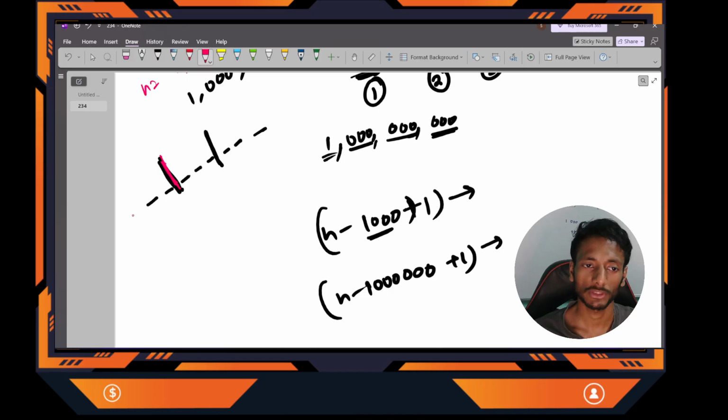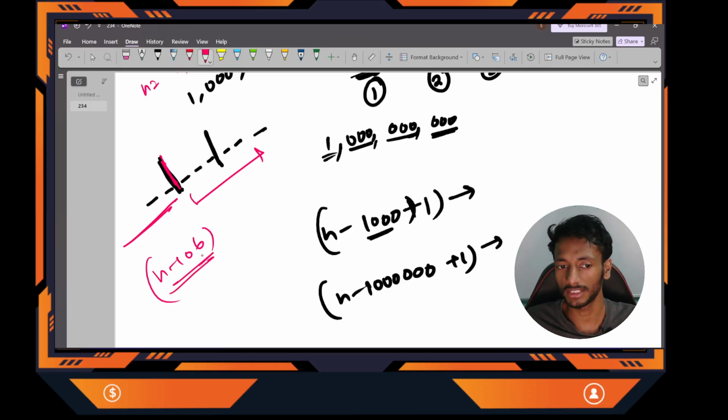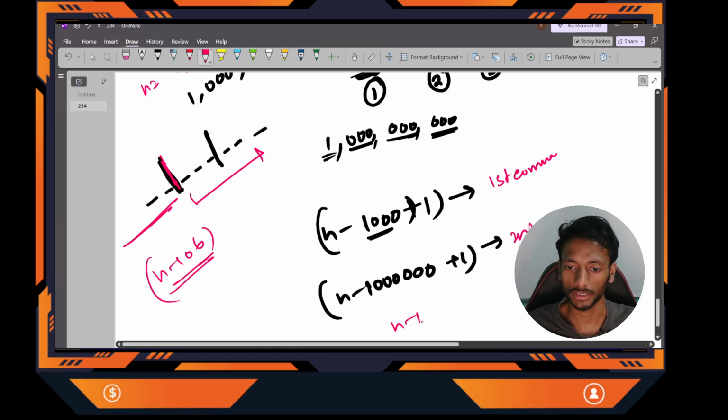So if I subtract 10 to the power 6, n minus 10 to the power 6, it gives me how many numbers are present greater than or equal to 10 to the power 6, where I can have 2 commas, right? So this gives me the first comma, this is giving me the second comma. In this I will subtract 10 to the power 9 plus 1 for the third comma, clear?